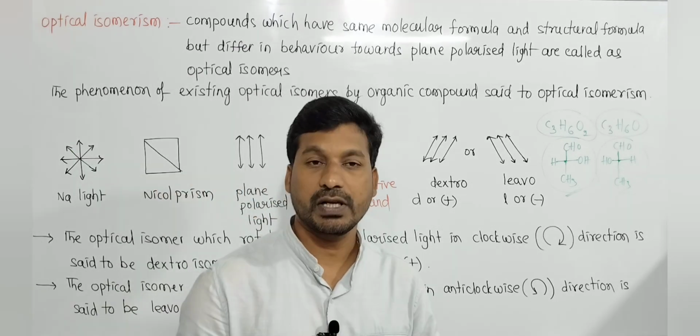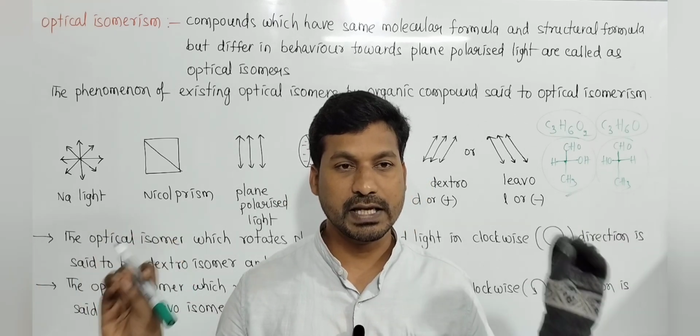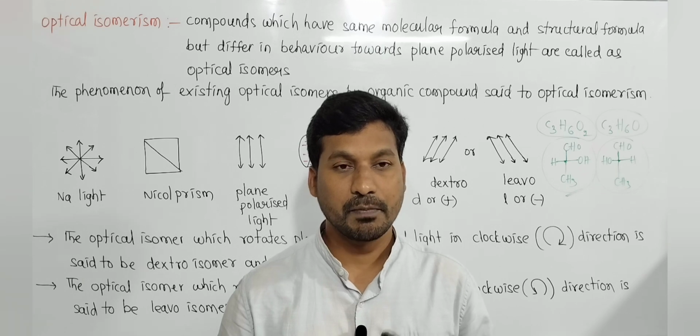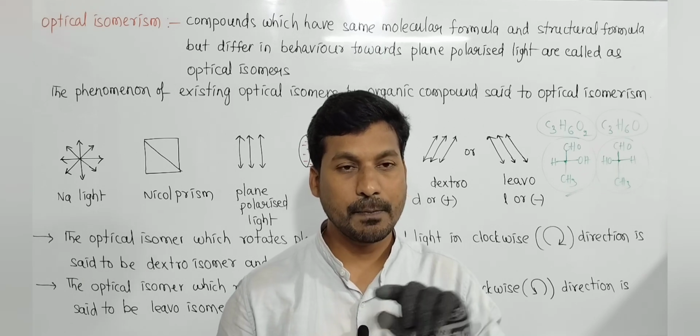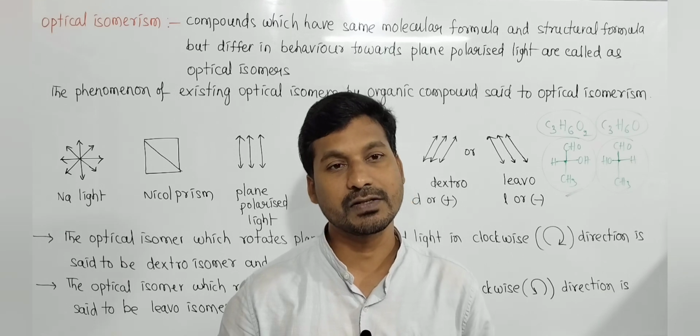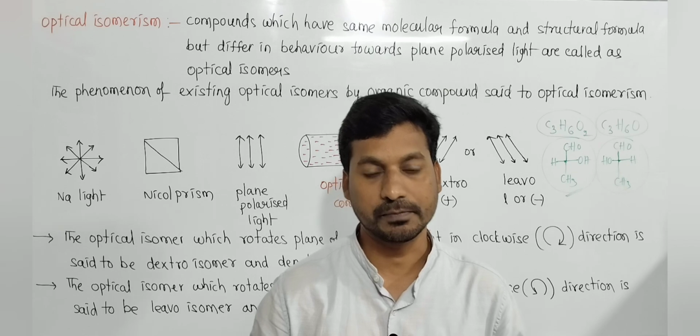The compounds which have the same molecular formula, same structural formula, same arrangement of atoms, but differ in behavior towards plane polarized light are said to be optical isomers, and the phenomenon is said to be optical isomerism.